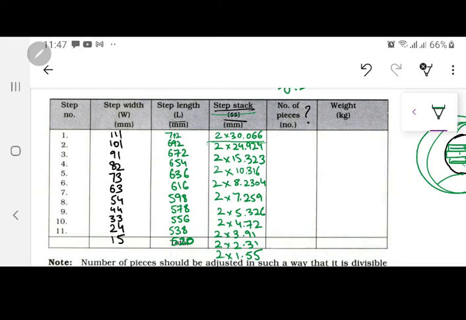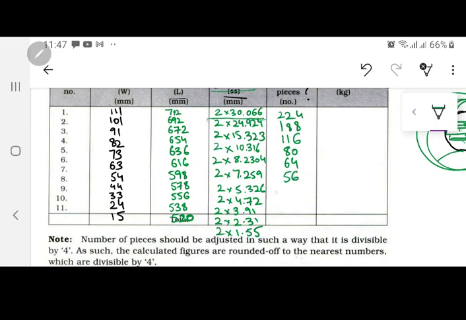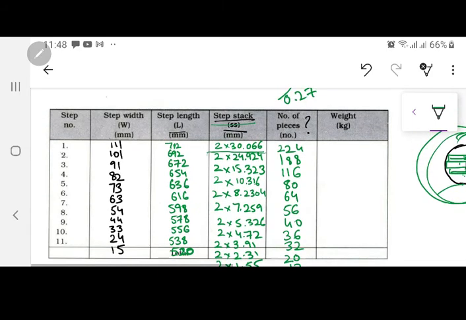Tell me that value. 56 will not come. 224, yes fine. 188, 116, again 80, 64, 56, 40, 36, 32, 20 and 12. Okay, so we have uploaded.